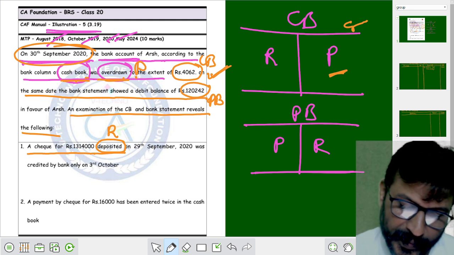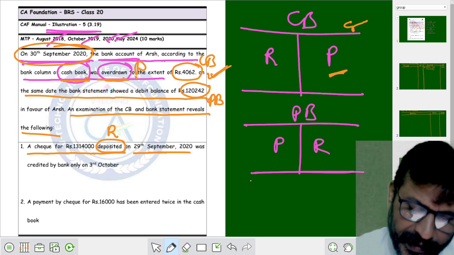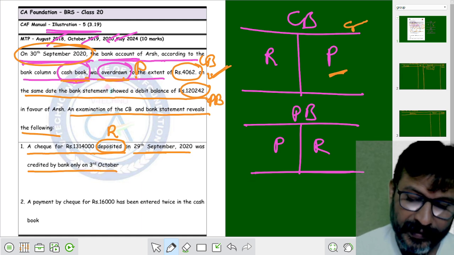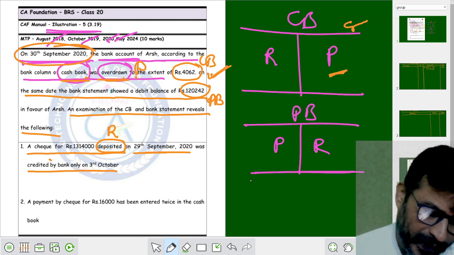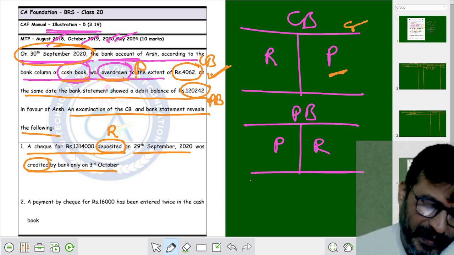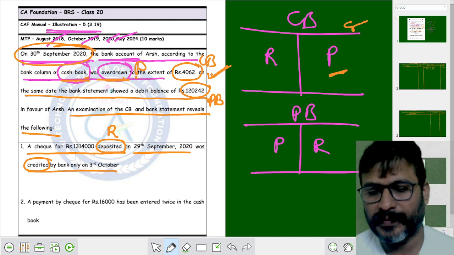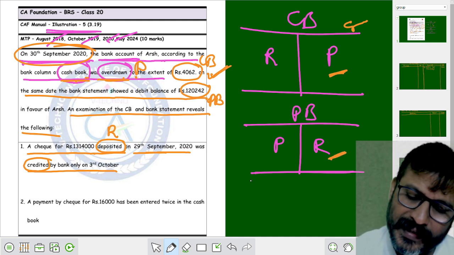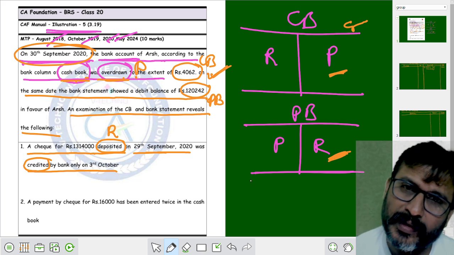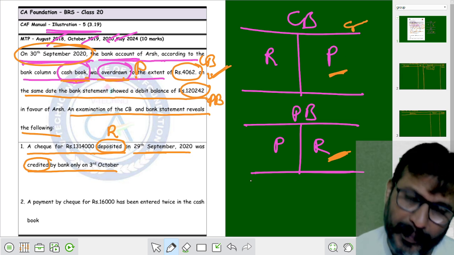When the deposit was done on 29th September, within our period, it was credited by the bank. Now what has happened? Credited by the bank means it is entered on the credit side of the passbook. Credit side of the passbook means receipt in the passbook. When it is entered, the entry is made in the passbook.